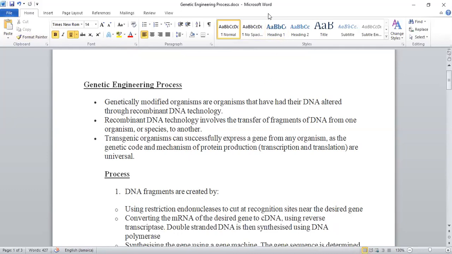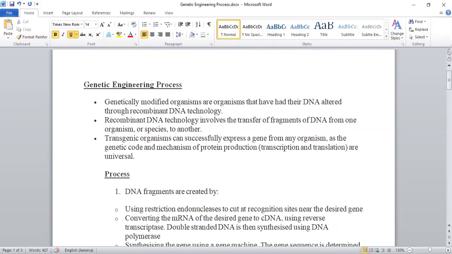Yes, miss. Okay, great. So genetic engineering, as we had said before, is when you insert, as it says here, genetically modified organisms are organisms that have had their DNA altered through recombinant DNA technology.